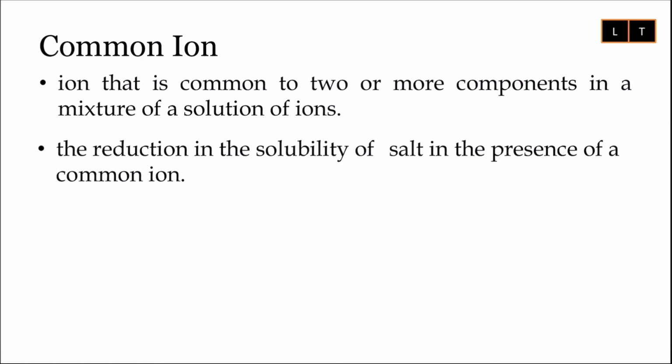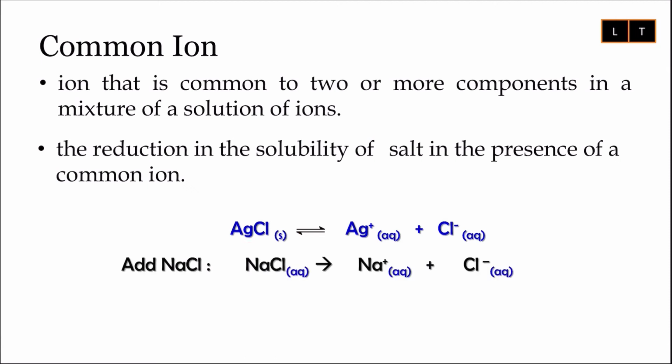Contoh dia kita ada AgCl untuk solid reversible with Ag+ and Cl-. AgCl ni precipitate yang akan saya dapat. Seterusnya dia tambah dalam container yang sama iaitu NaCl. So NaCl bila dia dissociate, ini adalah salt di mana awak akan dapat completely dissociated untuk Na+ dan Cl-.